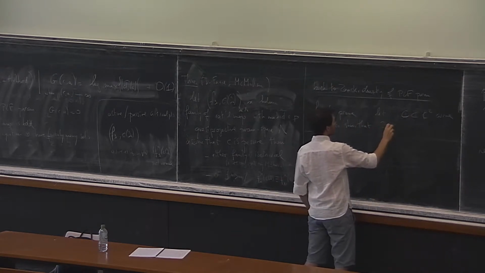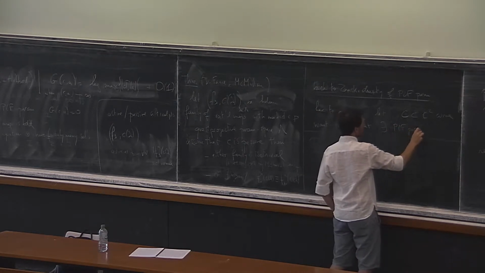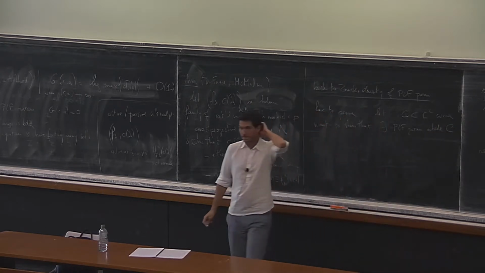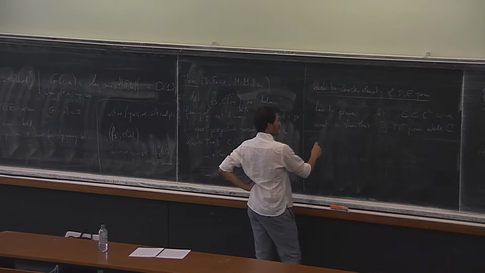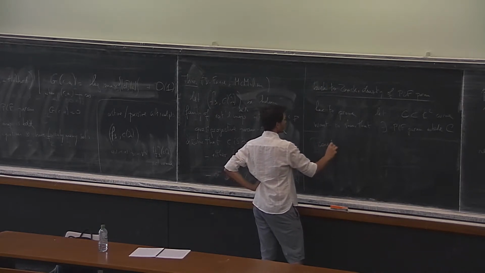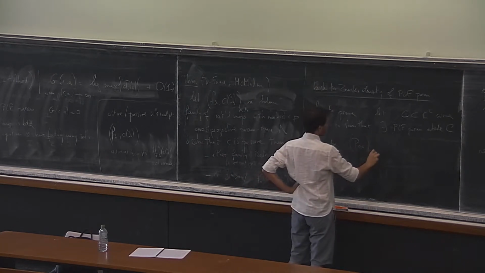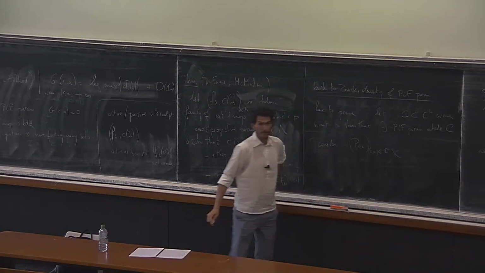You want to show that there exists a PCF parameter outside C. Okay? So what you do is you consider the family P_{C,A} parameterized by (C,A) in C^2 minus the curve.